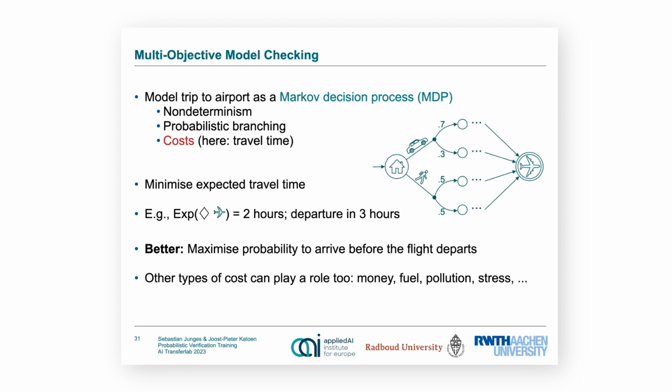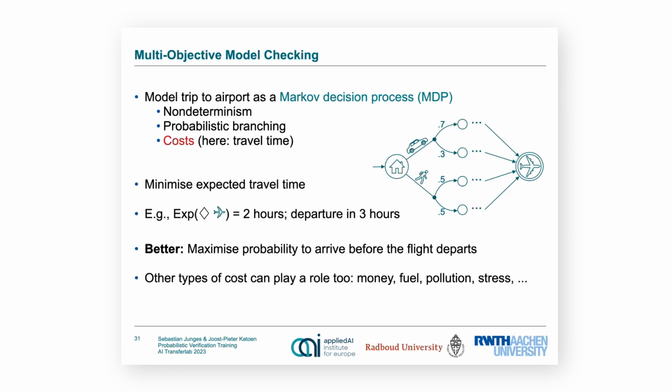Maybe you would like to maximize the probability to use no more than, for instance, 50 euros, because that's your maximal budget that is available to travel from your place to the airport.